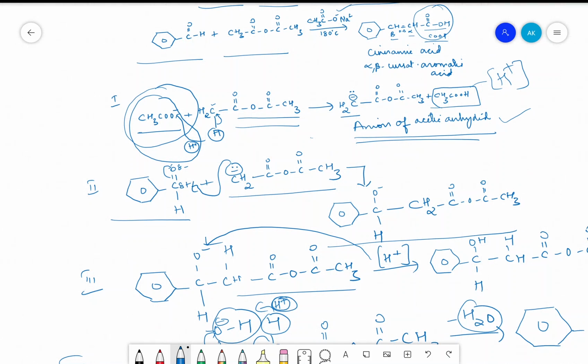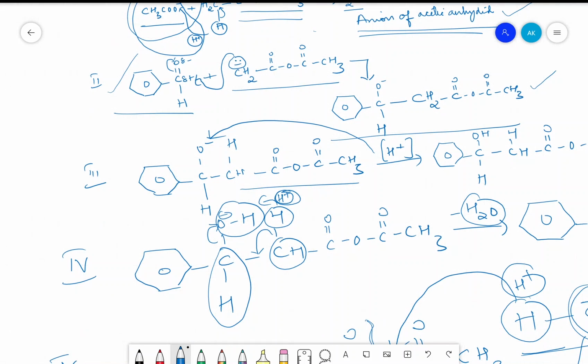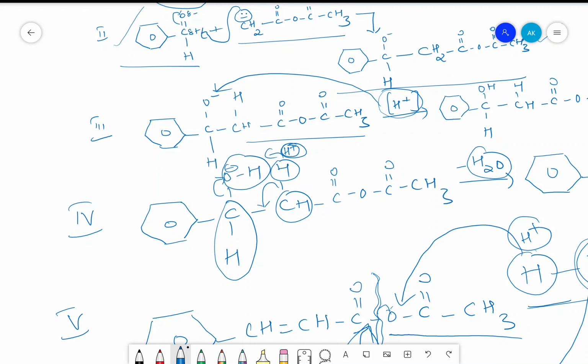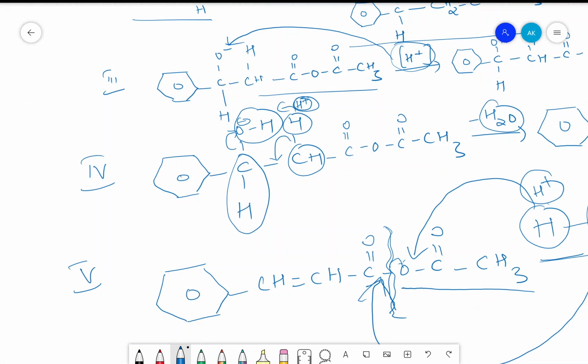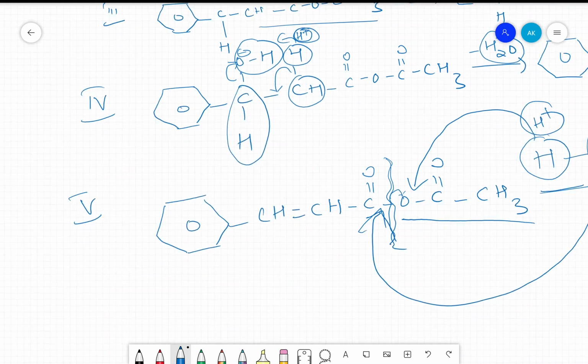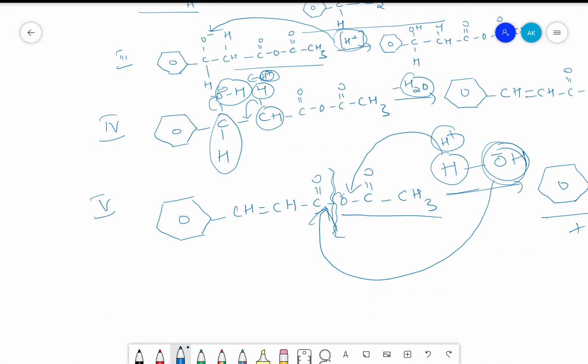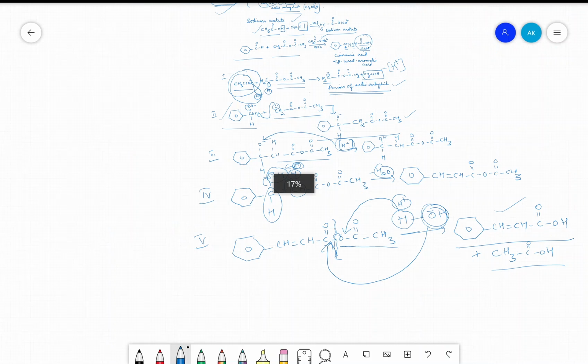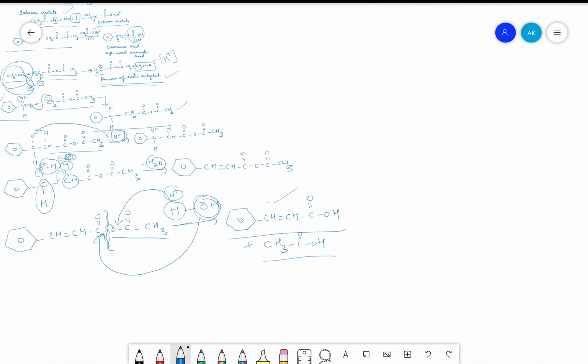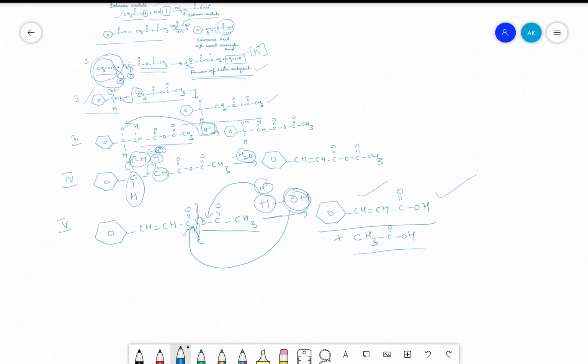The anion of acetic anhydride is going to combine with the benzaldehyde, which results in the formation of an intermediate, and this particular intermediate is going to undergo a protonation reaction followed by hydrolysis to give us a product, that is cinnamic acid.